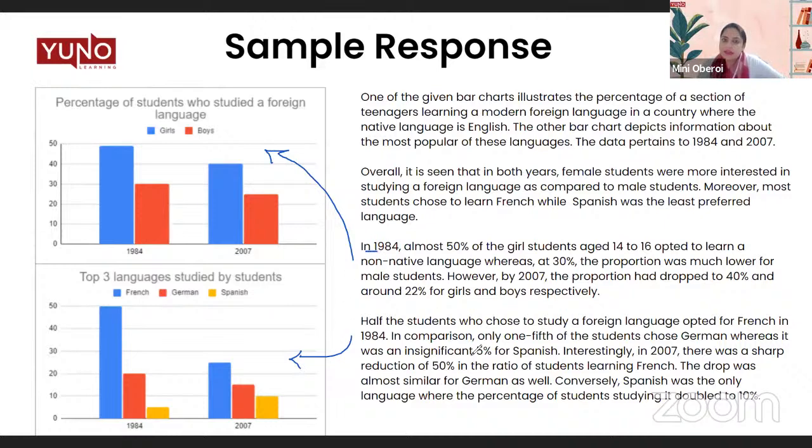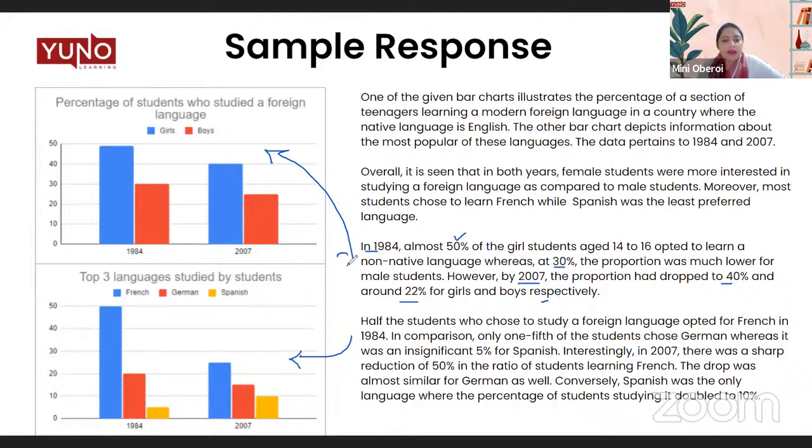So in 1984, almost 50% of the girl students aged 14 to 16 opted to learn a non-native language, whereas at 30%, the population was much lower for male students. However, by 2007, right, the proportion had dropped to 40% and around 22% for girls and boys respectively, right?